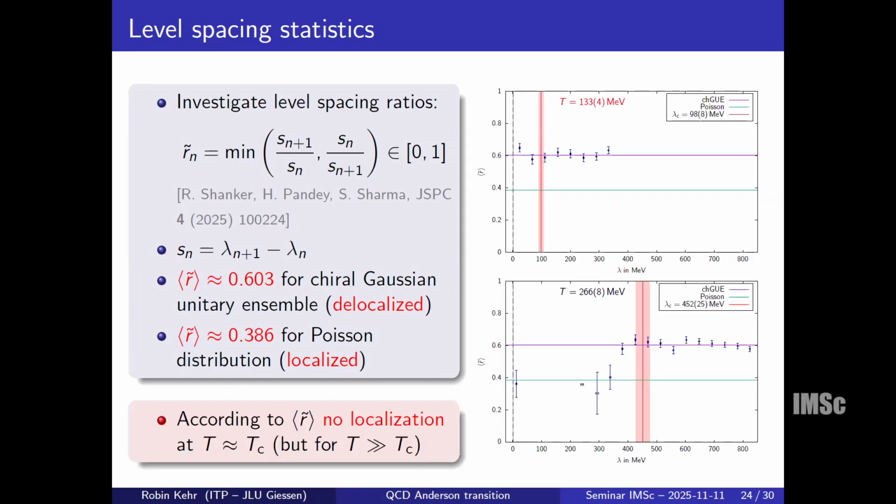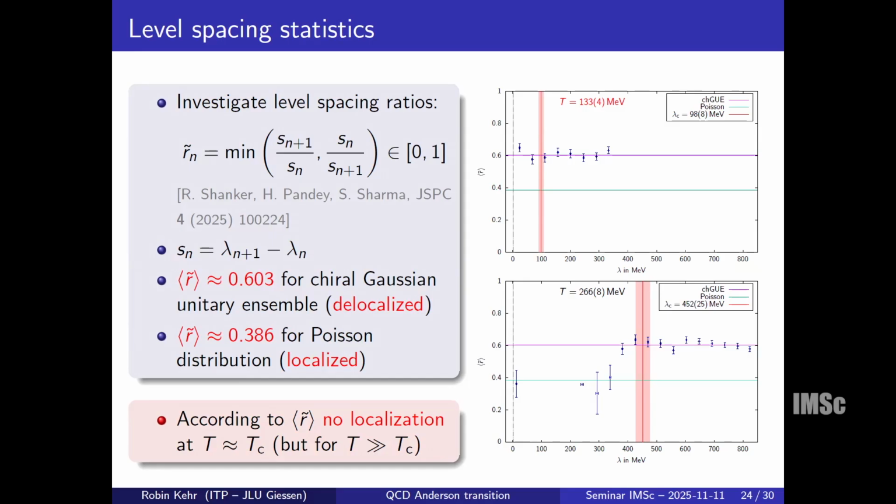And then indeed, here we have the lowest temperature of our most physical observable. Here we're really close to the chiral phase transition temperature. Here we indeed see just delocalized modes according to this observable. But in principle, we see this quantity does what it should.